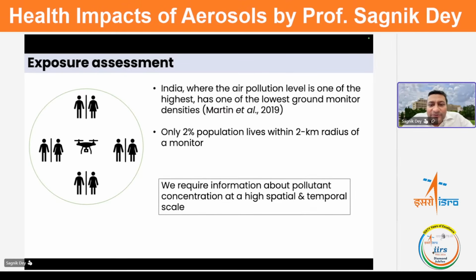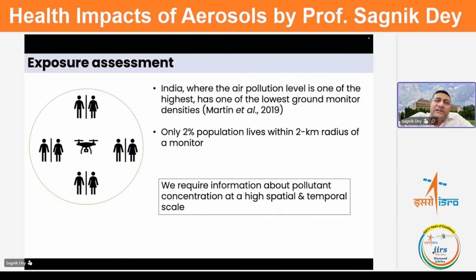So far so good. But if you see the India statistics, only 2% of the Indian population lives within a 2-kilometer radius of a ground monitor. So it means that 98% of people live more than 2 kilometers away.